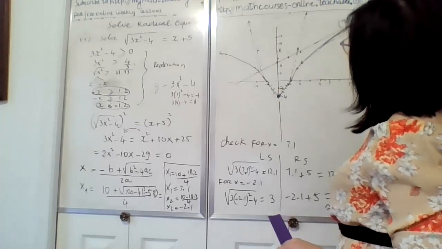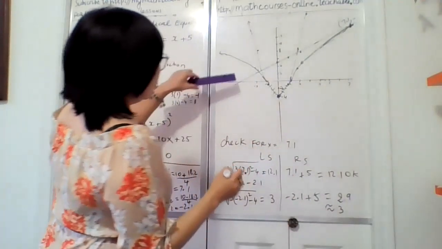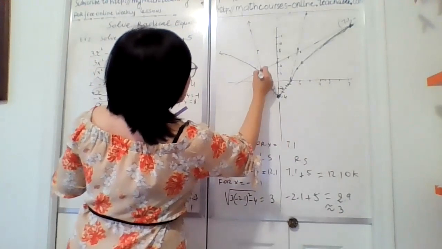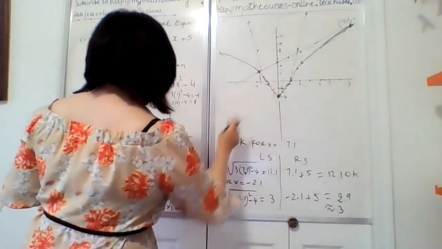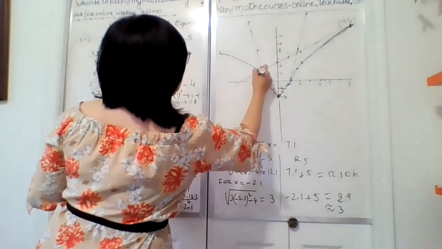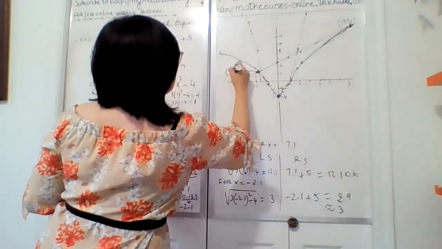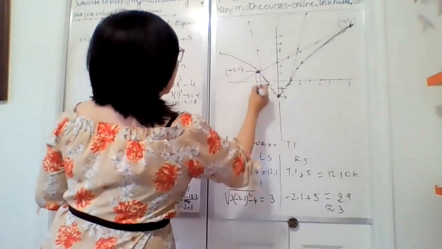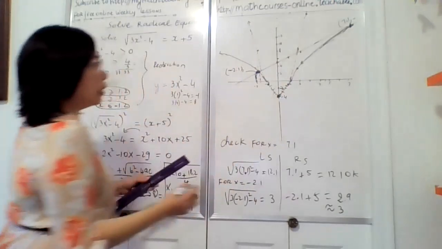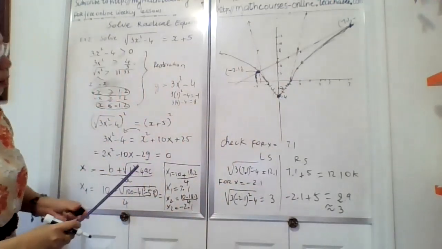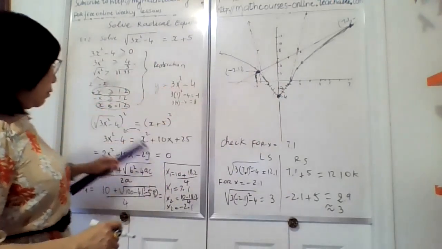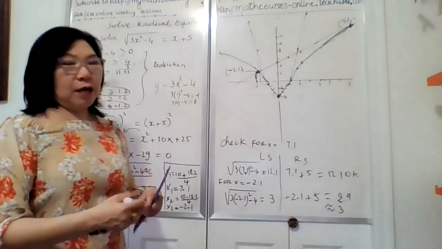That point and y, whatever, we can calculate the y as well. Now, what is the point where they hit here? When this radical meets this point here, it looks like our second solution, minus 2.1. So yes, it's up a little bit, but this solution is minus 2.1 for x, and that is true because that's the way we sketch it and shape it. So both solutions actually work well on the graph as well as solving by algebra.